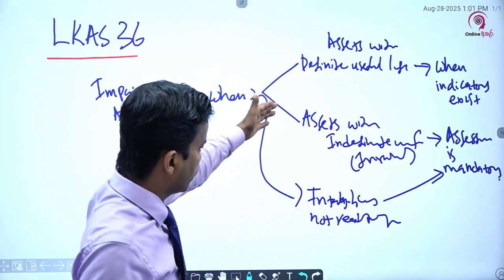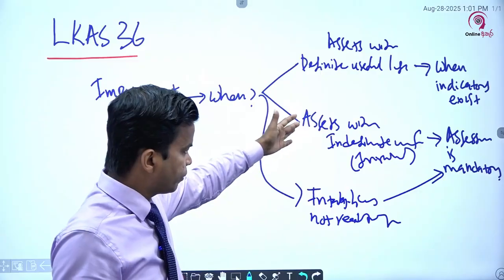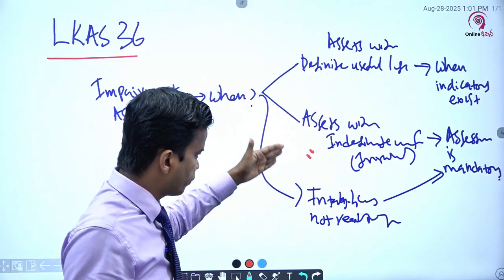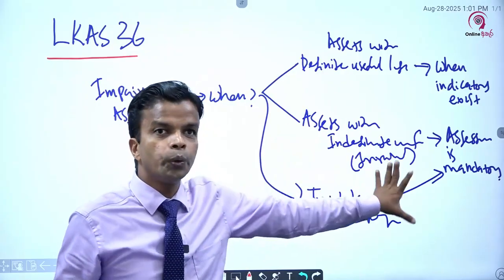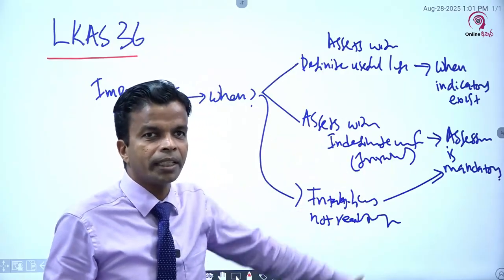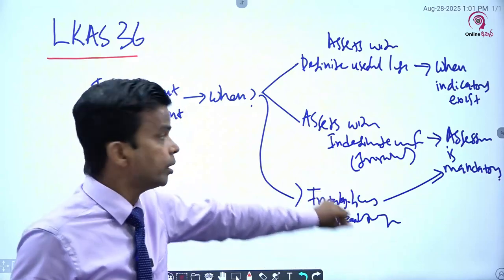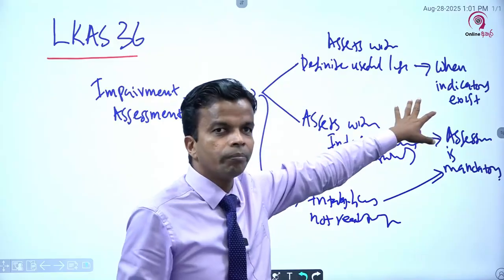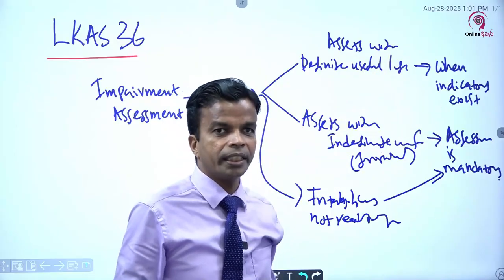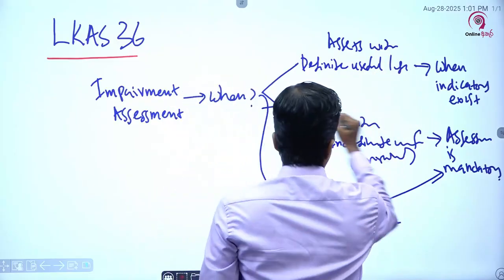So if it's an intangible asset with an indefinite useful life, or an intangible asset not ready to use, you do a mandatory year-end impairment assessment regardless of indicators. But if it is an asset with a definite useful life, you do the impairment assessment only when there are indicators. So this is clear.